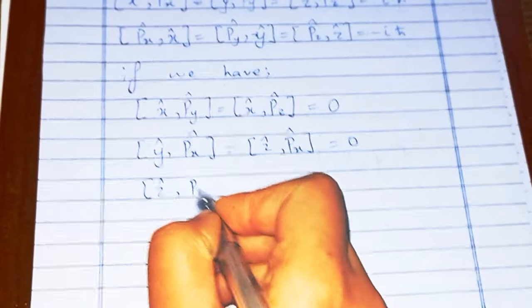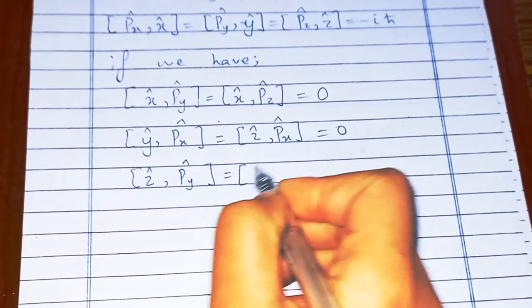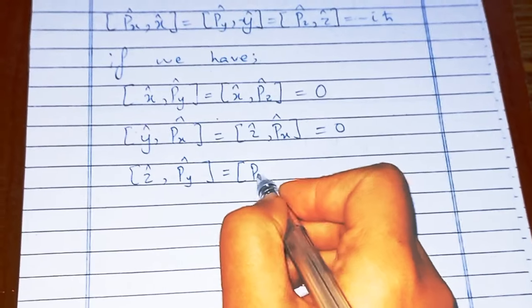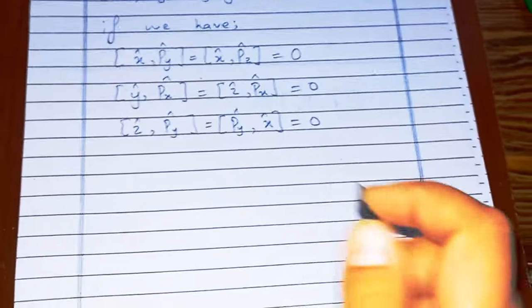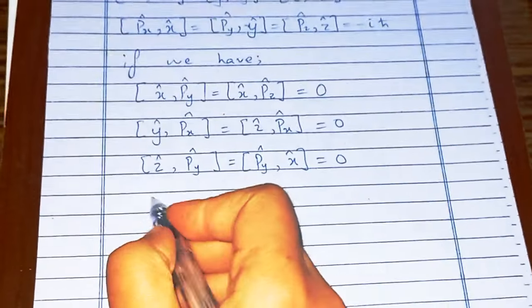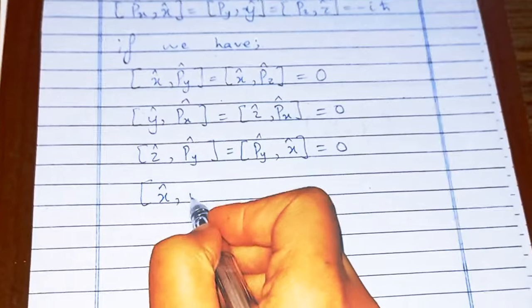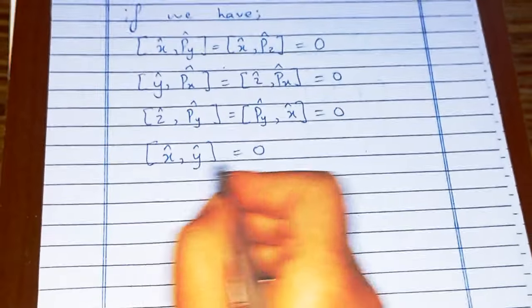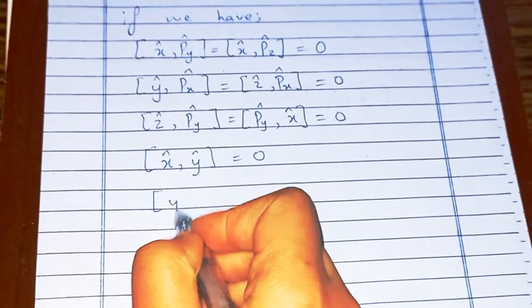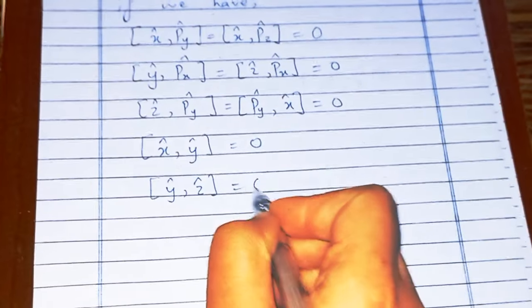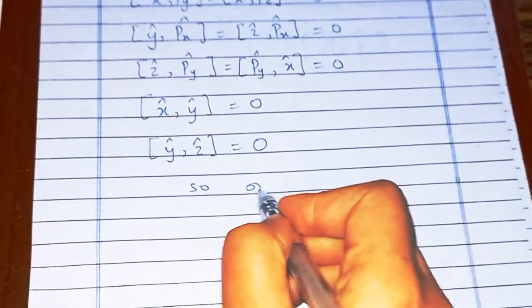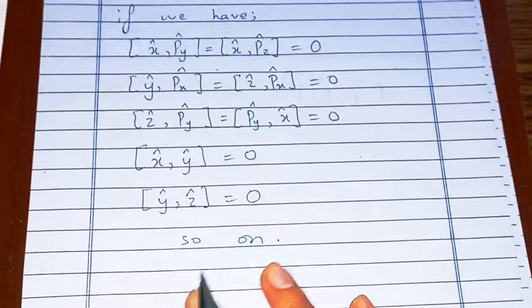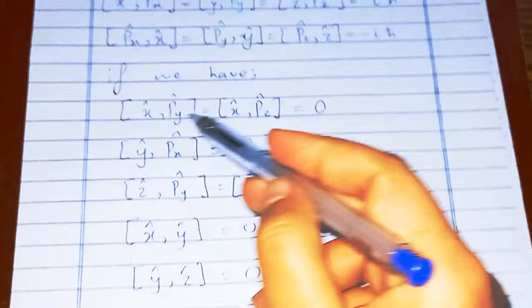Similarly for z, or any mix of it. Even for x and y this commutation relation will be 0, for y and z it will be 0, and so on. So if you are finding the commutation relation between different dimensions, they will all be 0.